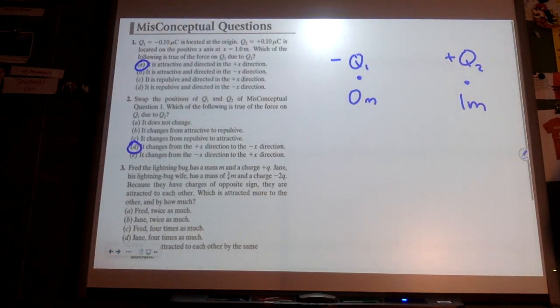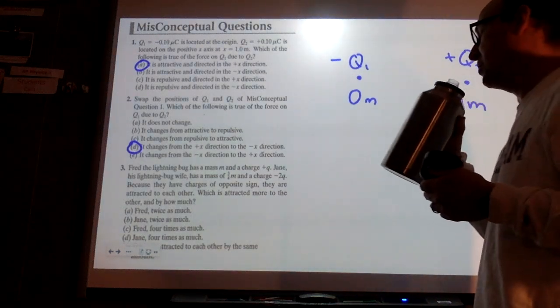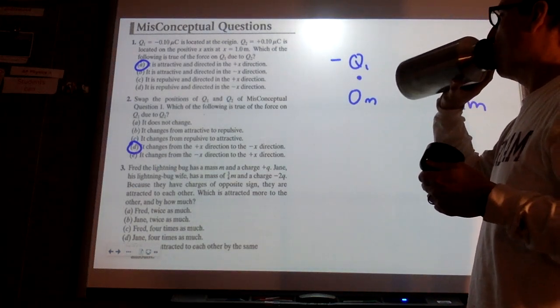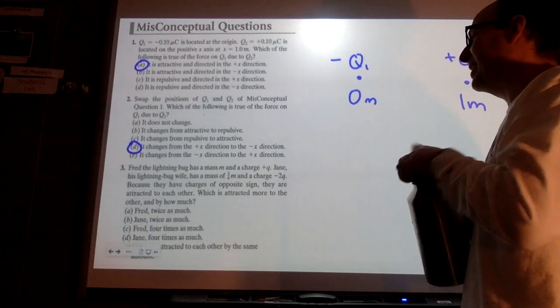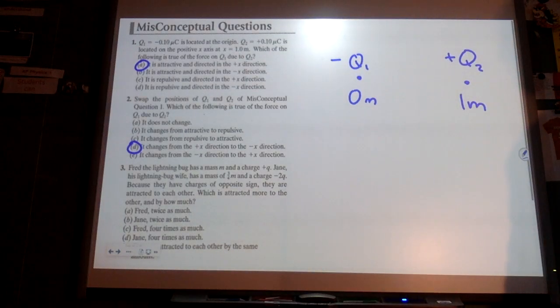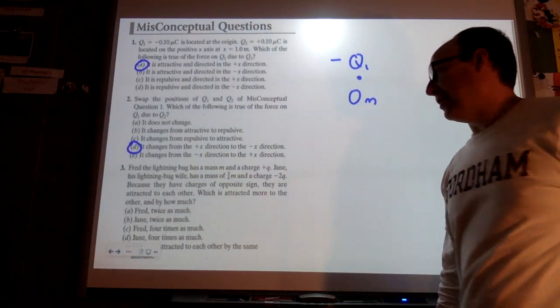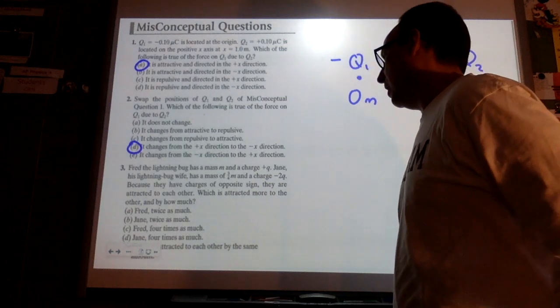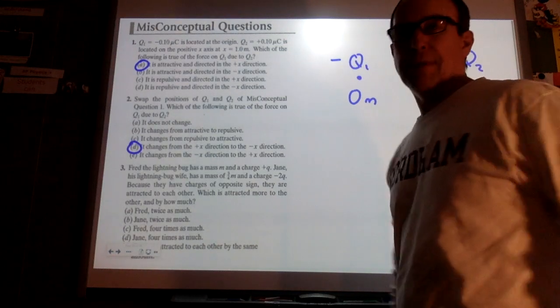Fred the lightning bug has a mass of m and a charge of plus q. Jane, his lightning bug wife, has a mass of 3/4 m and a charge of negative 2q. Because they have charges of opposite sign, they are attracted to each other. Which is attracting more to the other and by how much?